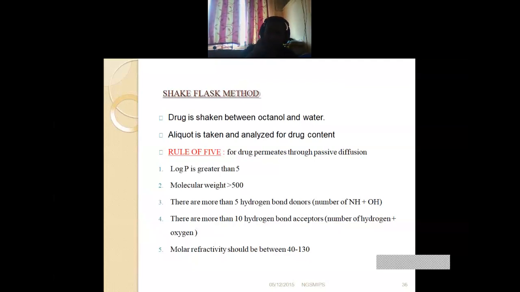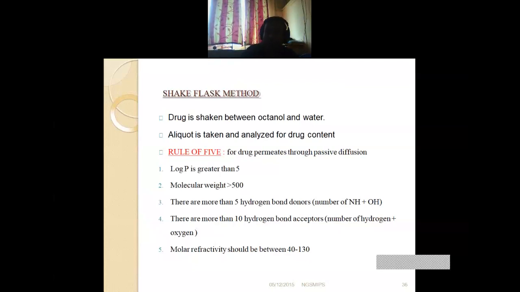After shaking, we take the sample and analyze it for the drug. One rule of 5 is there for a drug to permit passive diffusion. If log P is greater than 5, then the drug can pass with the help of passive diffusion.